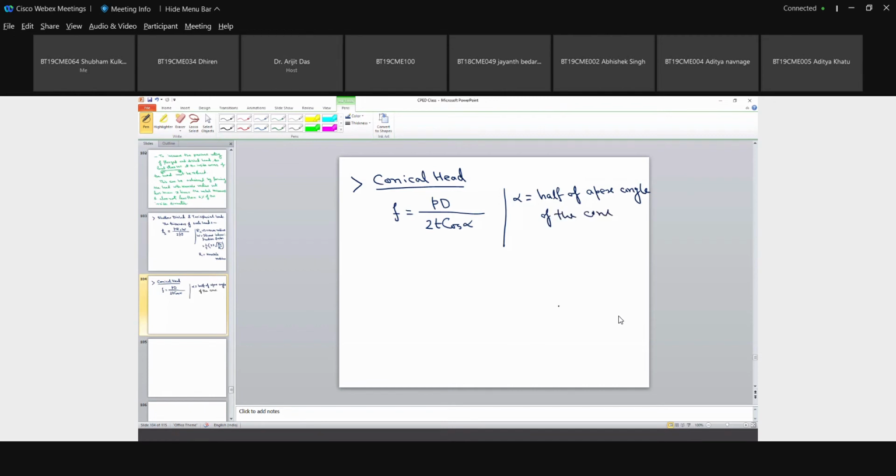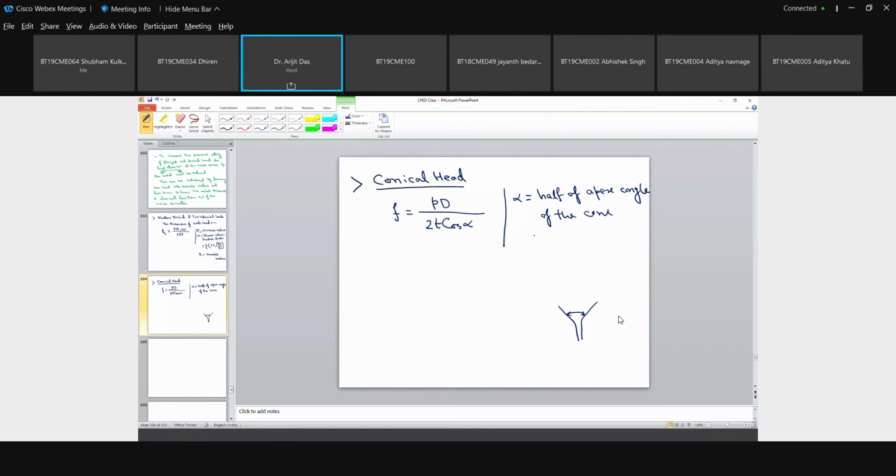So it looks like this. This angle is the apex angle, and half of that is the alpha.